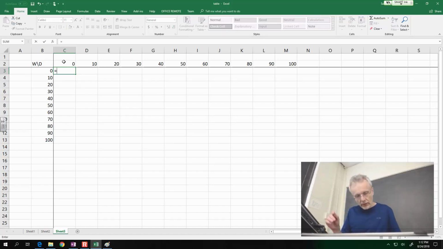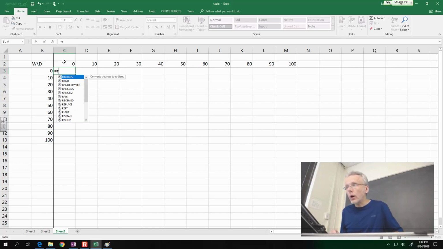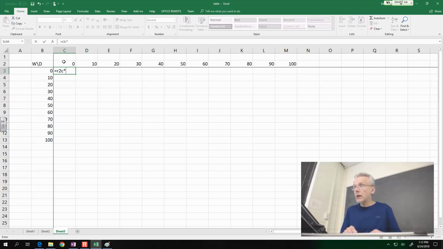Let me see, R2C. Okay, so R2C means second row, same column, multiplied by RC2.